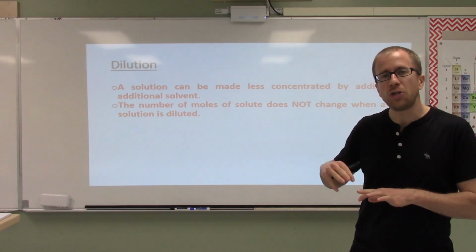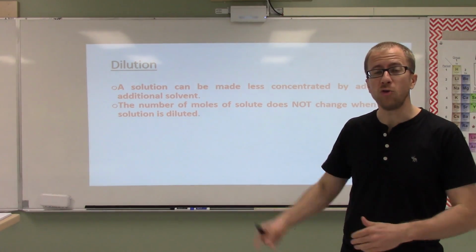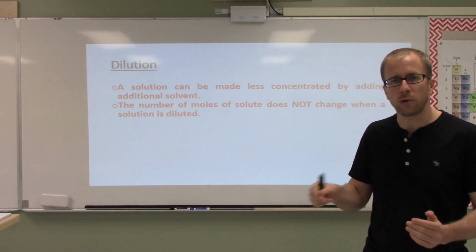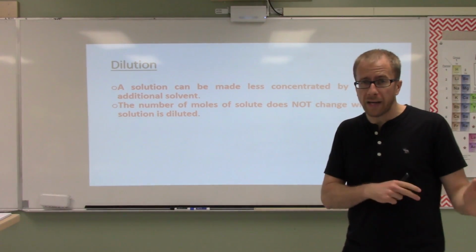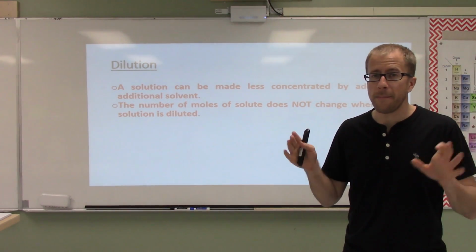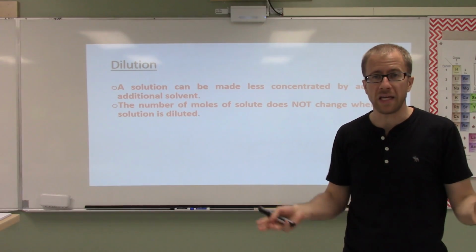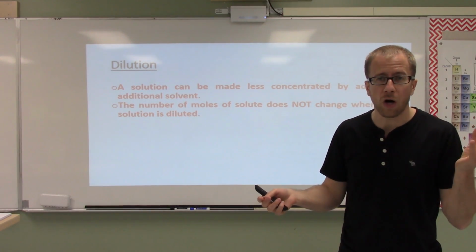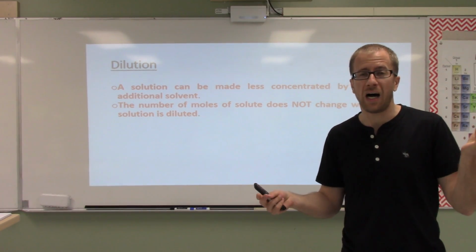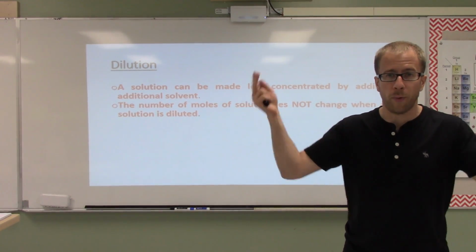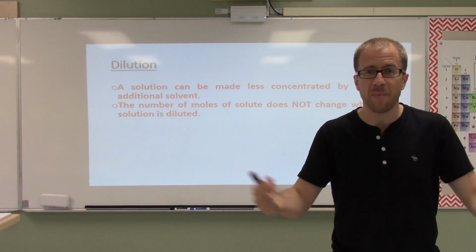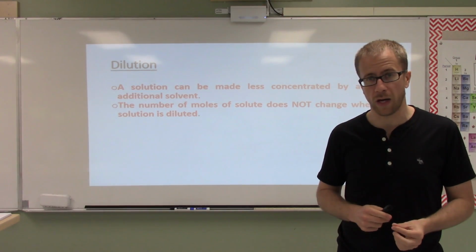We're making the solution more dilute. There's going to be less grams of sodium chloride per unit volume of water, but we're not changing the amount of sodium chloride within that solution. Whether we dissolve that 29 grams in 100 mLs or a liter, 1,000 mLs, if we boil all the water off, we're still going to get back the same amount of sodium chloride.